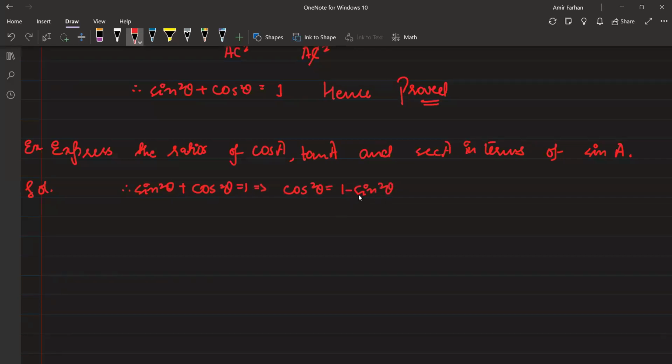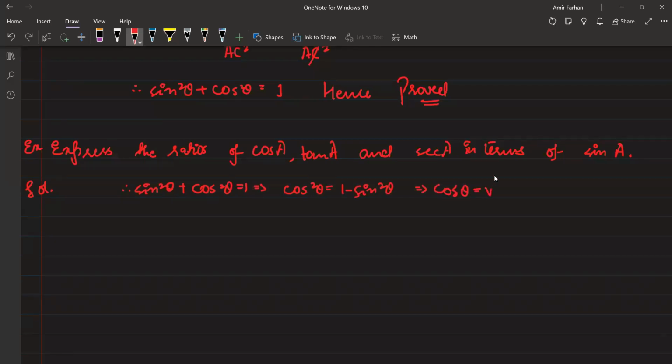Yes or no? Yes. So our cos A will be, if we remove this, the square root will appear here.